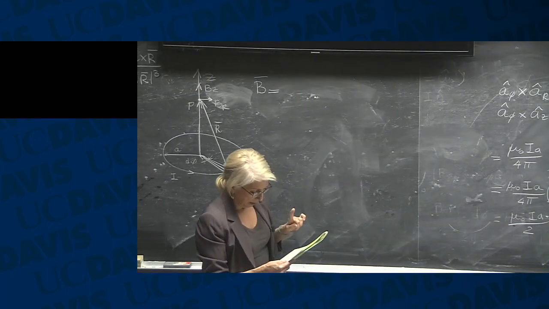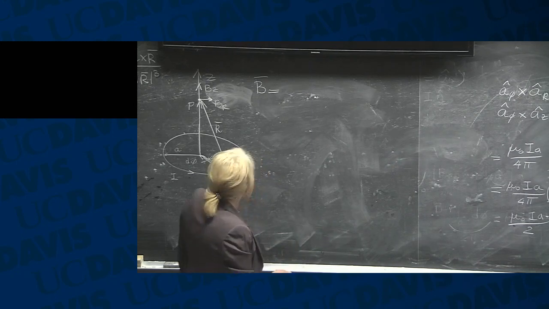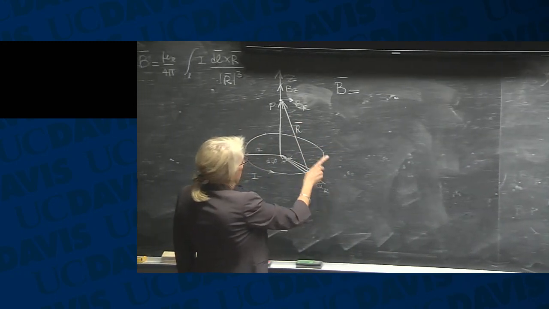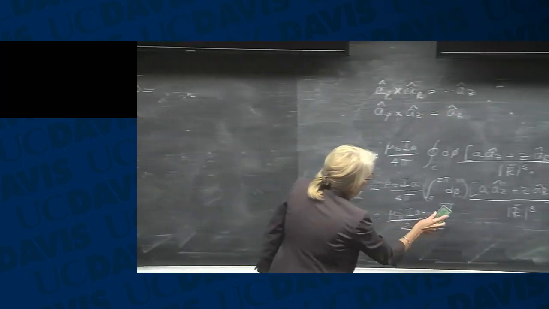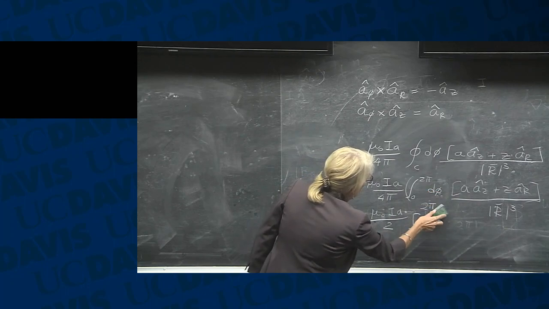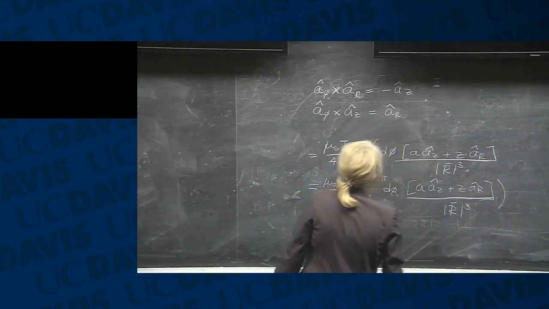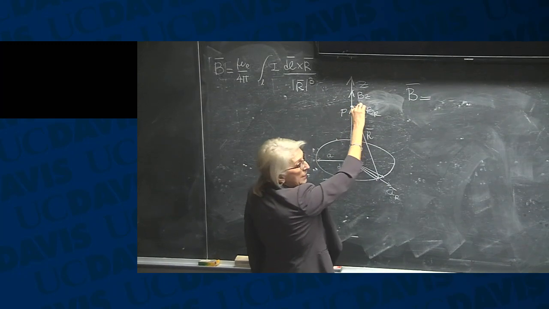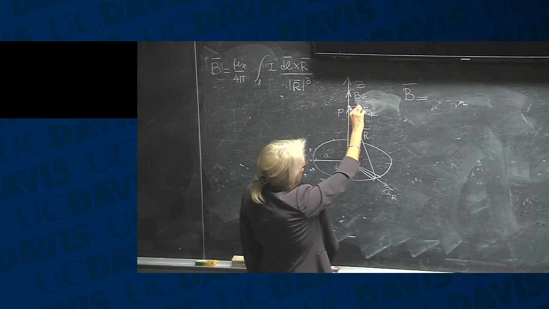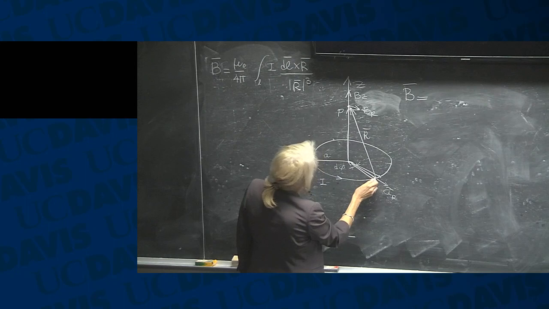Let me see one thing here. Before we integrate around the whole circle, let's keep that for a moment. If we are at this point and this small section creates this A sub R, this A sub R is going to go along this direction, parallel to this.